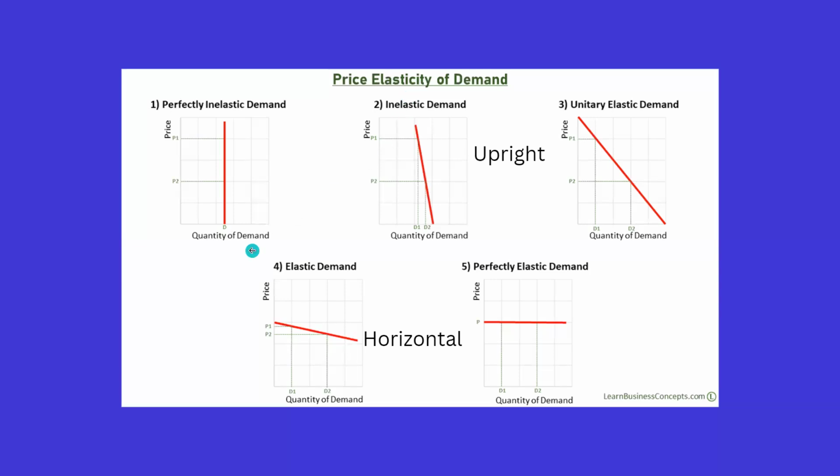Then we have more elastic demand, where a small change in the price may induce a big change in the quantity. With elastic demand, the price changes slightly, but the consumer may purchase a significantly higher quantity of product. The example would be luxury products.